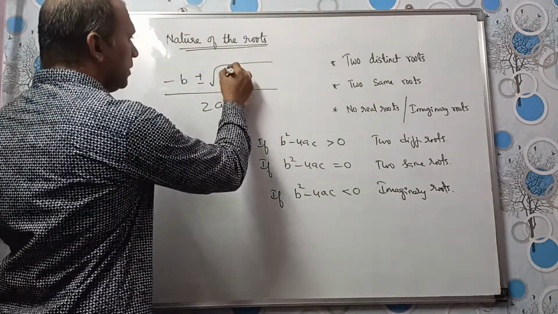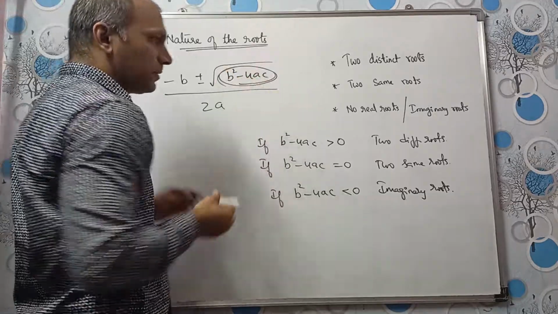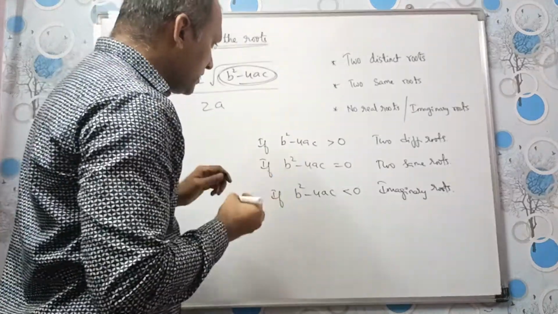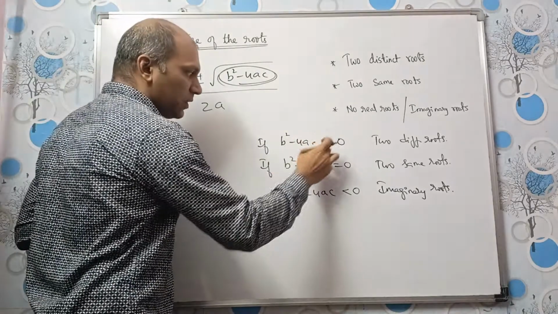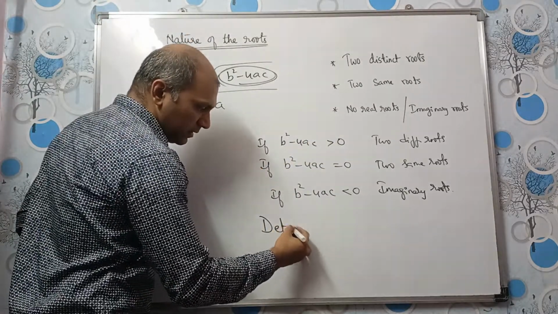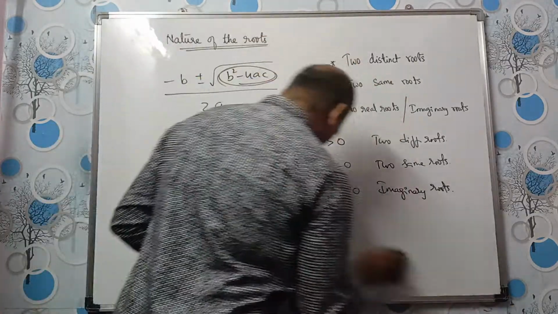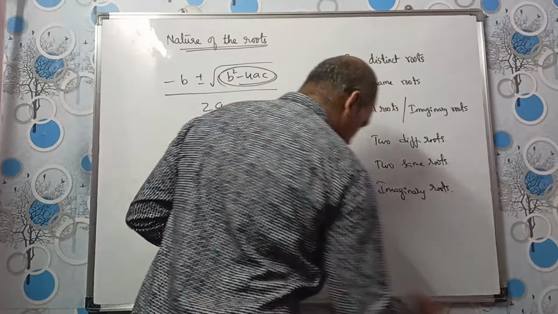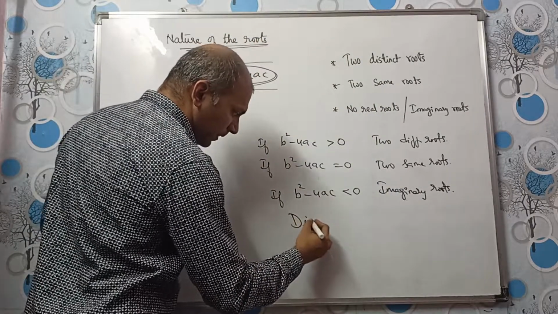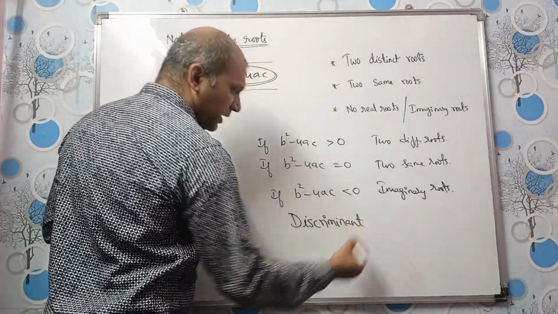Everything will depend on this part, b square minus 4ac, which is there inside this root. This value is given a special name. It is called the discriminant.